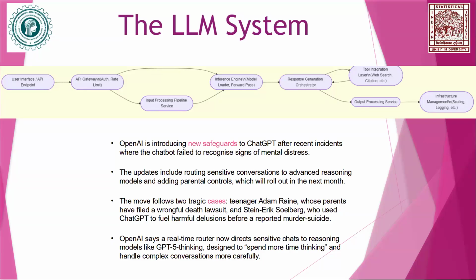So the entire system is important. Maybe I'm reiterating the same point here, but the entire system is important to make that LLM ecosystem useful and safe and compliant with the legal framework on how to use it.